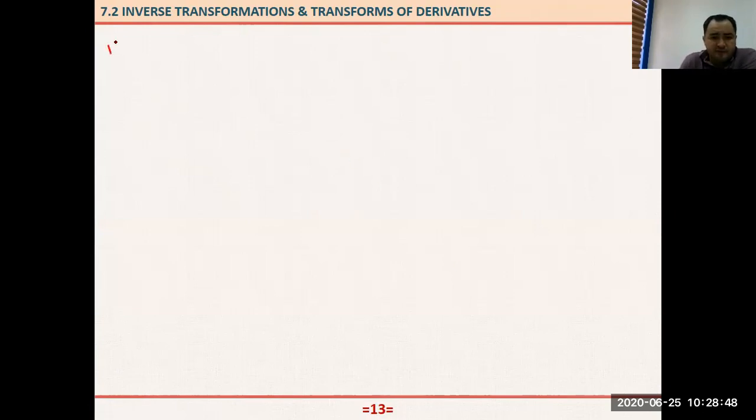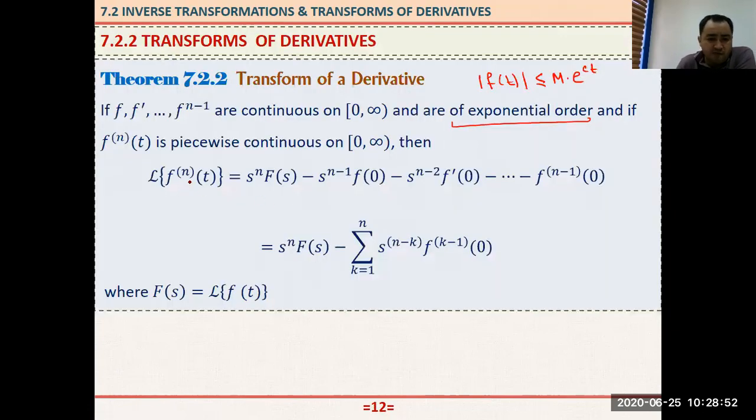Here we are talking about the Laplace transform of the nth order derivative of f, because yesterday we learned how to apply the Laplace transform on a function, right? But here we are learning how to do this Laplace transformation on the derivative of the function.